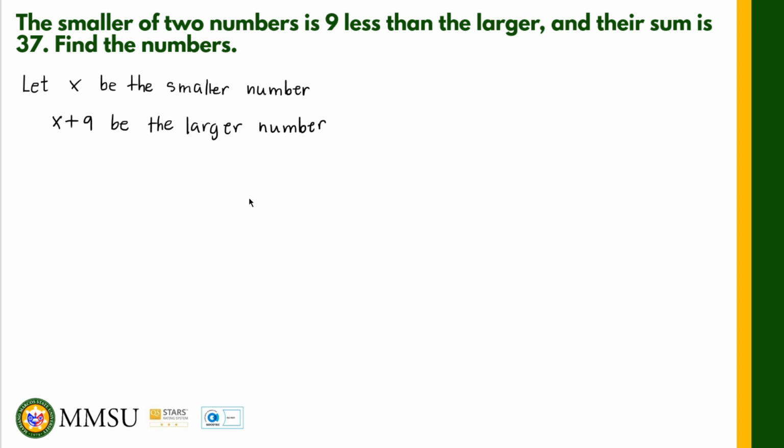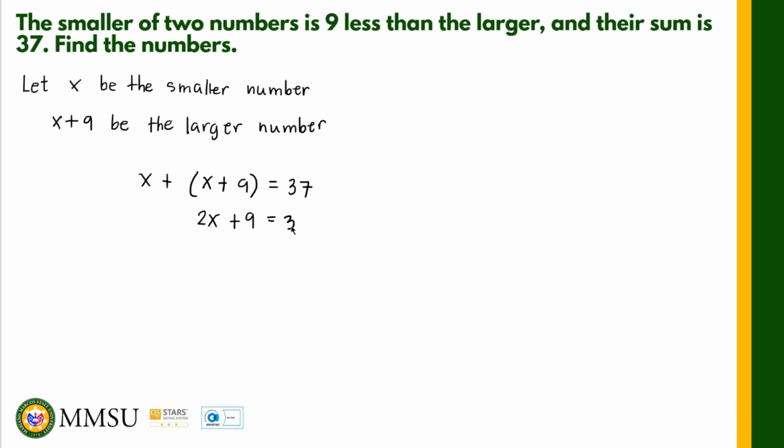And let us use the second statement to find the equation. Their sum is 37. So if we add the two numbers, x and x plus 9, so x plus x plus 9 equals 37. Let us perform the operations to solve for x.